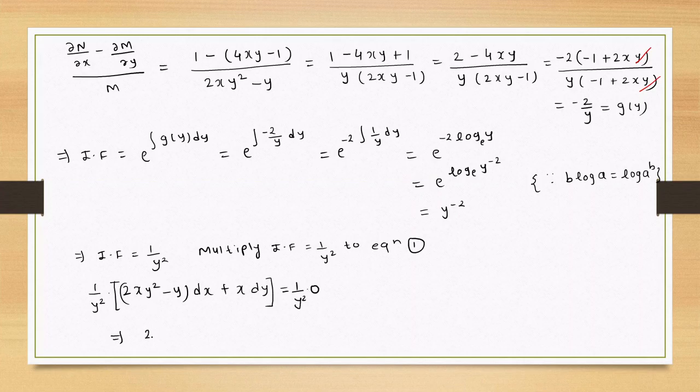So it is 2x minus y upon y square, 1 upon y dx plus x upon y square dy is equals to 0. Okay.